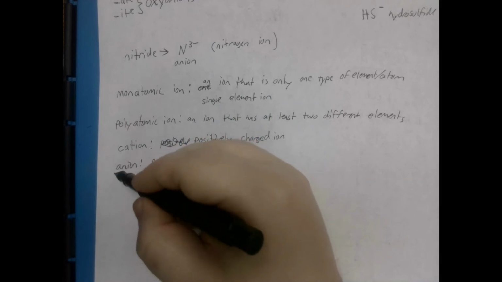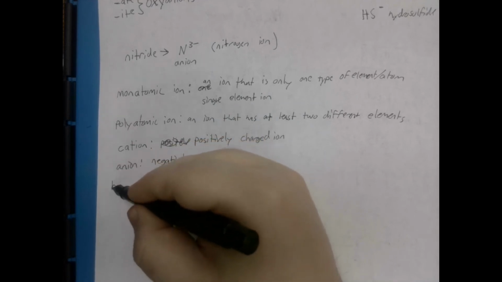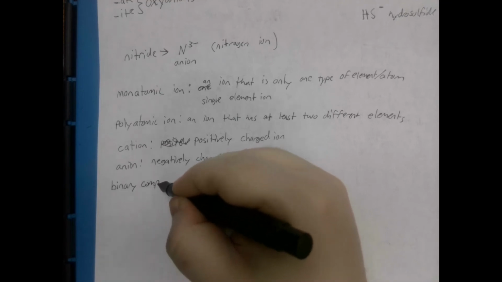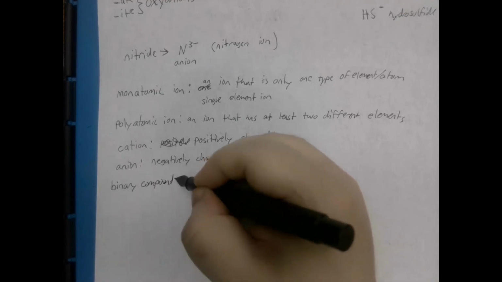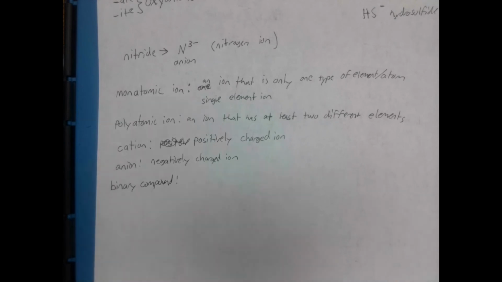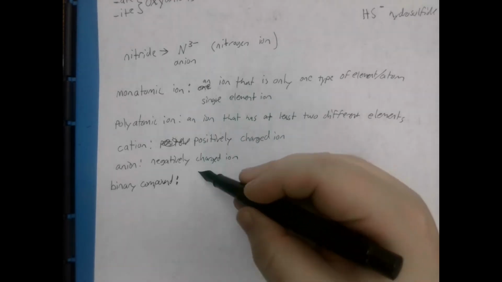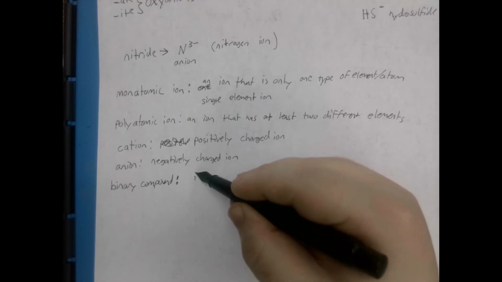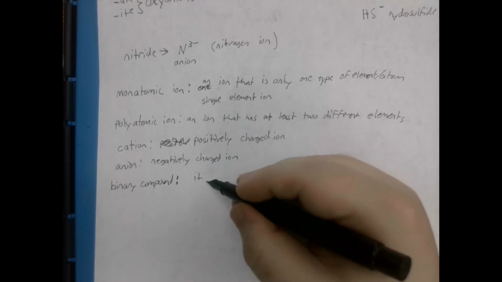What does binary compound mean? What would binary compound be? It's a compound that contains exactly 2 elements.